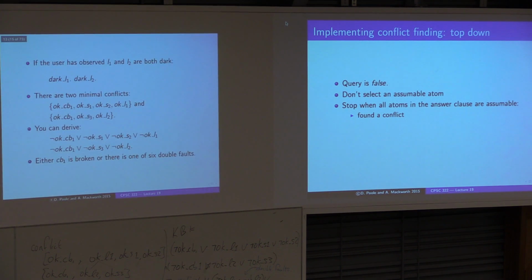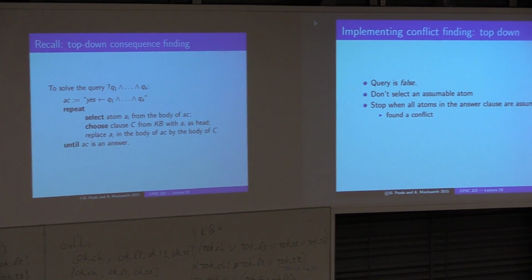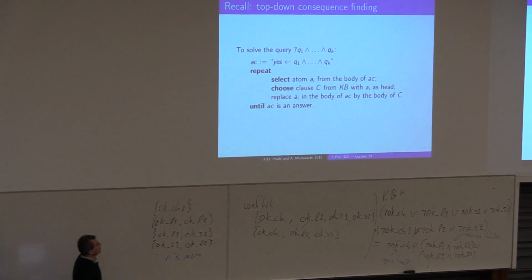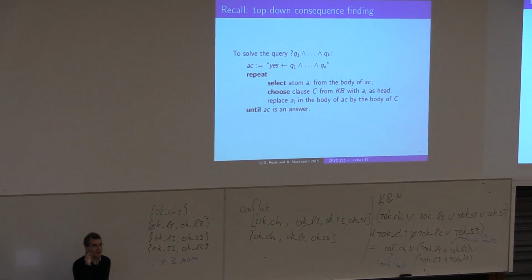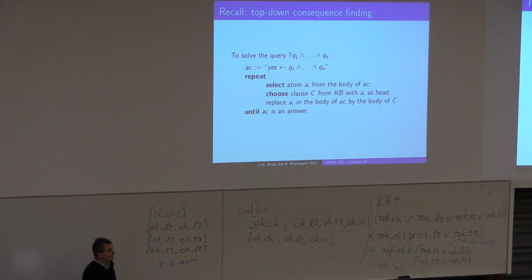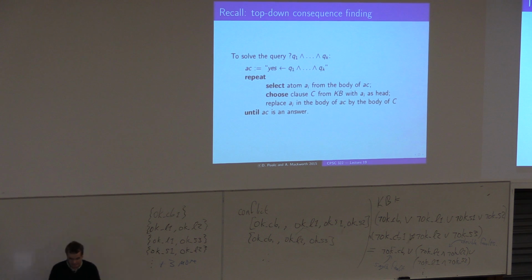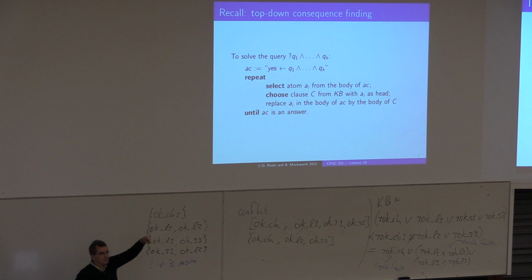Let's go through here. The only difference is that the query we're going to do is now going to be false. We'd like to prove false, because that's what we're trying to do. When we select an atom in here, we're not going to select an atom that's assumable.